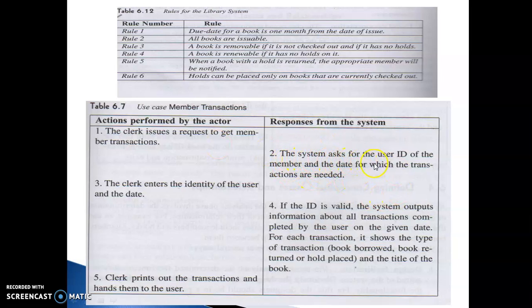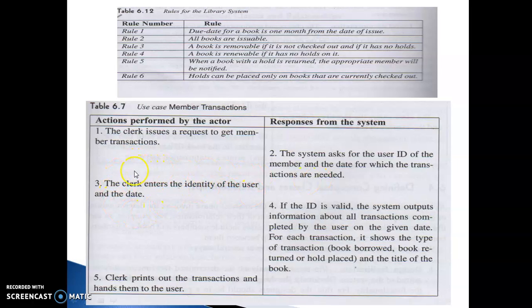The system asks for the user id of the member and the date for which the transactions are needed. On what day I have made a certain transaction, that transaction date is required, and the clerk enters the identity of the user and the date.